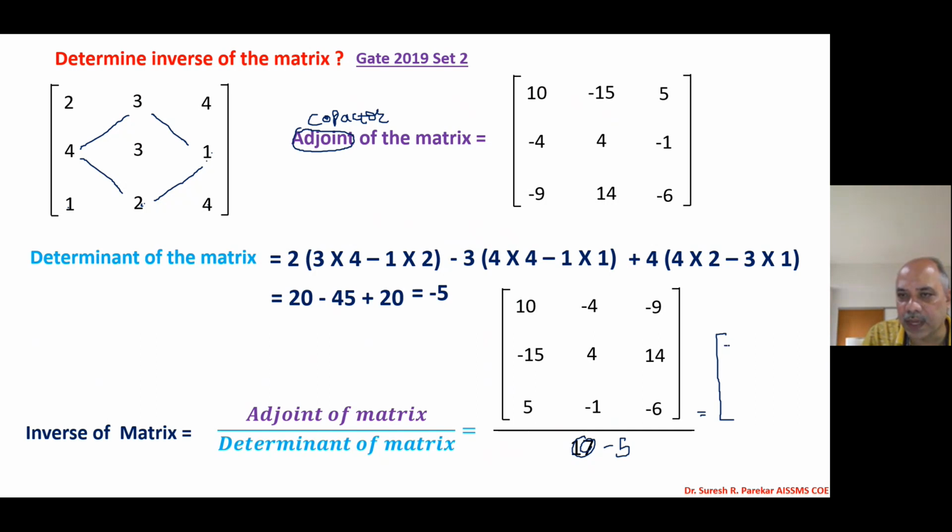Then we have minus 2, 4 by 5, 9 by 5, then 3, then minus 4 by 5, minus 14 by 5, then minus 1, 1 by 5, and 6 by 5. So this is my inverse of the matrix. This was asked in 2019 for set 2.